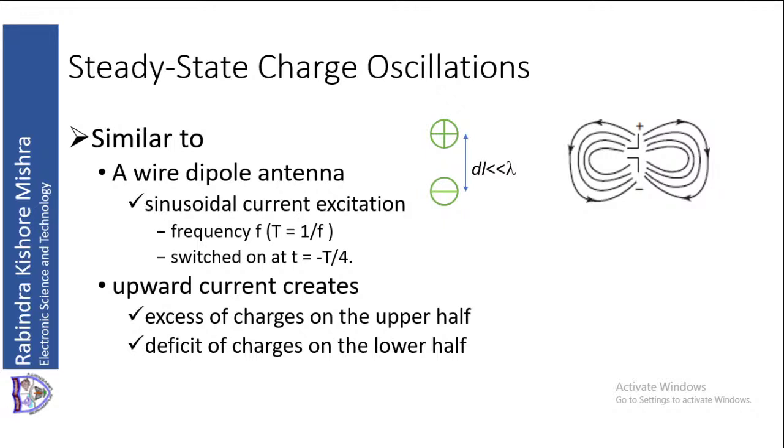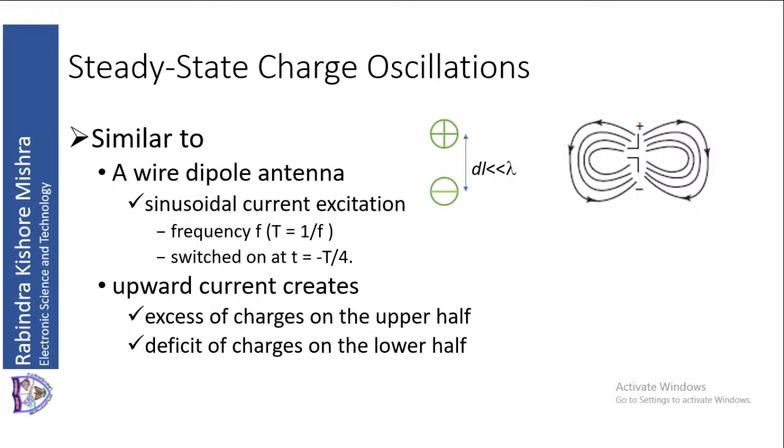We excited this at small t equal to minus T by 4. Now the upward current will create excess charge on the upper half and deficit of charge on the lower half. Once you excite it, then the current will be from negative to positive.